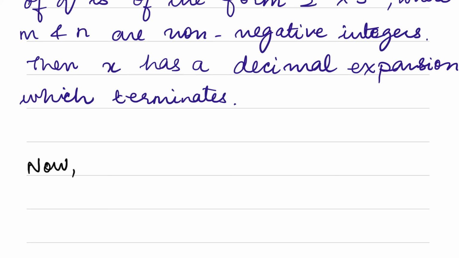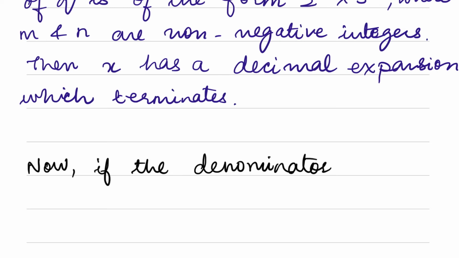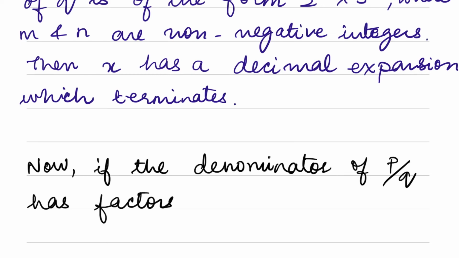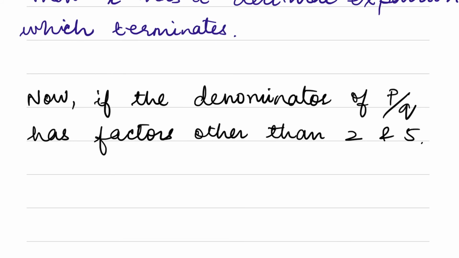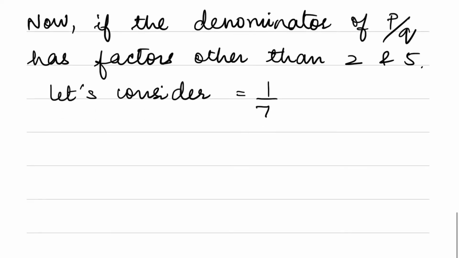So now, if the denominator of p by q has factors other than 2 and 5. Let's take one example. Let's consider 1 by 7.